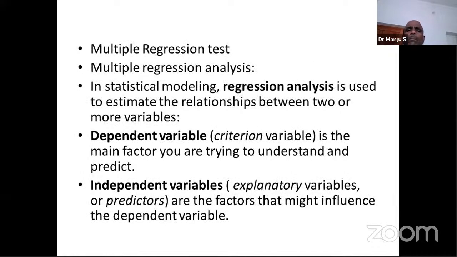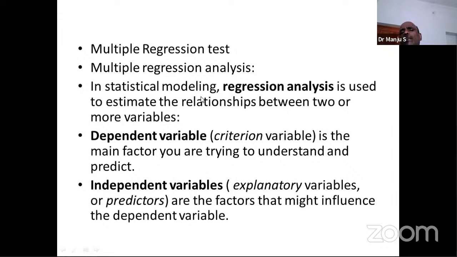Then we have the multiple regression test. In multiple regression analysis, we have a dependent variable and independent variables. There will be one dependent variable and some independent variables. The dependent variable is also called the criteria variable.